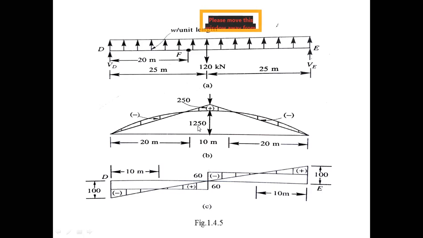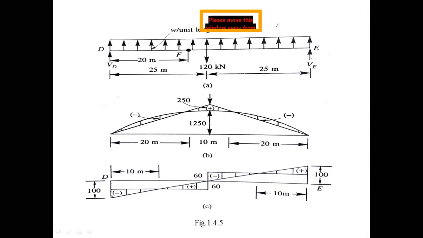And draw the shear force diagram. For a beam simply subjected to central concentrated load, what are the reactions? 60, 60. Therefore, this 120 kilonewton is acting downward, and the reactions due to 120 kilonewton act upward at the hinge supports.